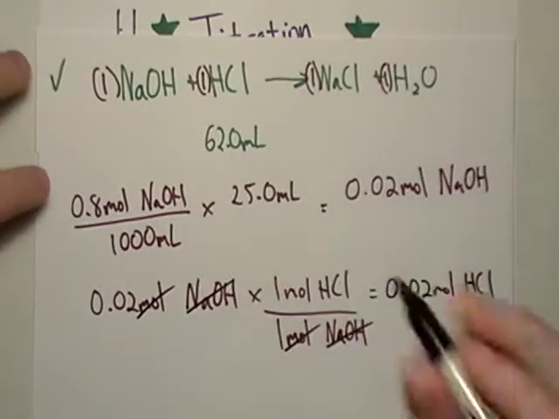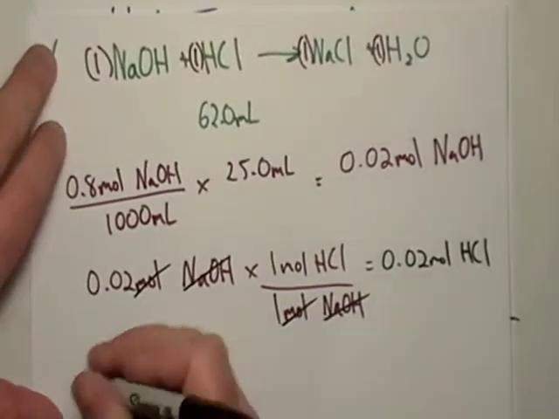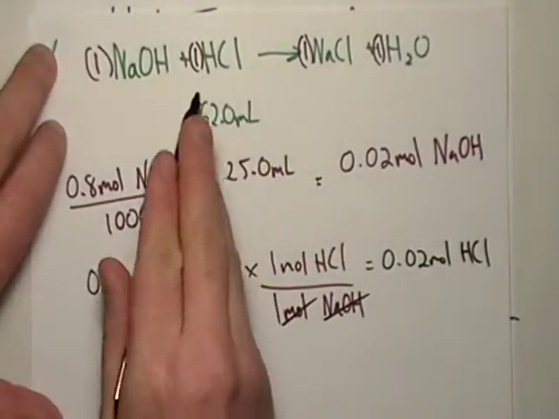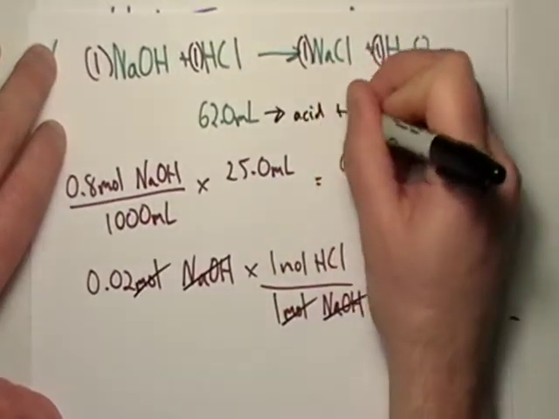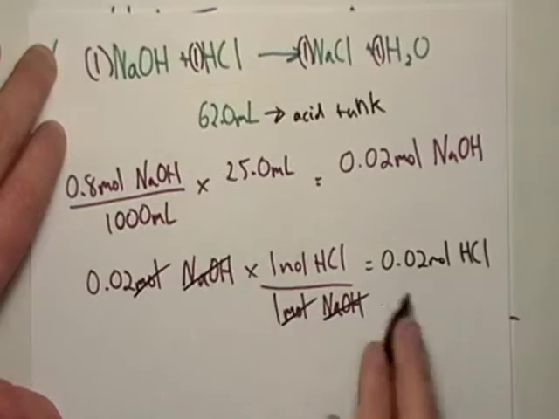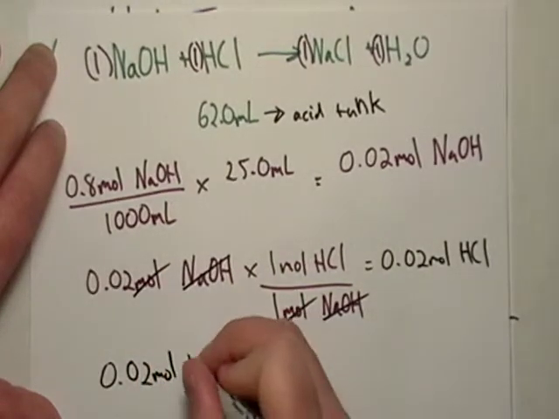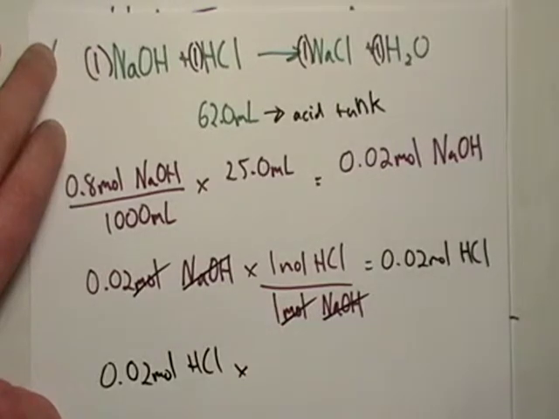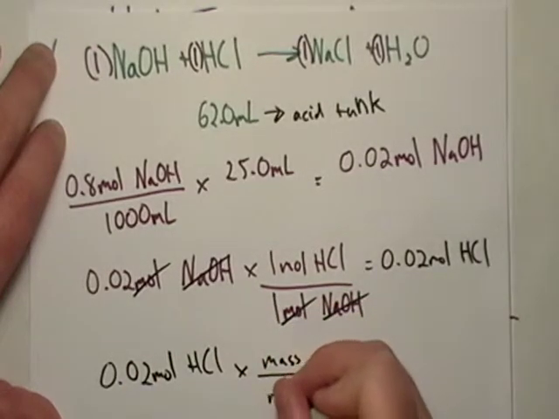Now I know a little bit more about this. In the 62 milliliters of acid plus unknown, I had 0.02 moles of HCl, and from there I can find out a couple more items.